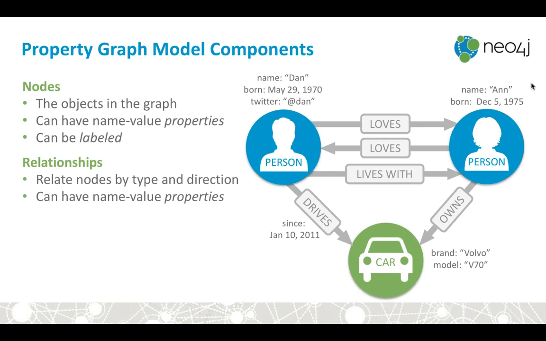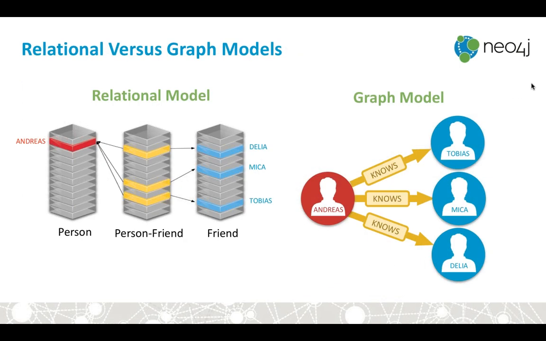And you can see here on the Dan node, the relationship drives also has a since January 10, 2011 date on it. That's a property that is on the relationship. So this allows you really to model the data as you think about it from a business process standpoint. Although, for most of us, unless we're building dating apps, this isn't a real business style graph. So we're going to get into one of those here shortly.